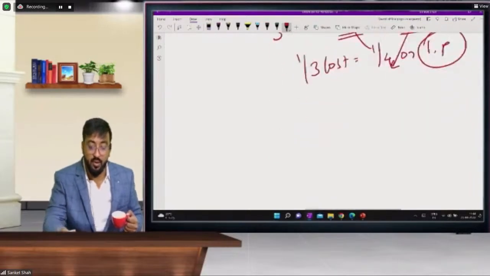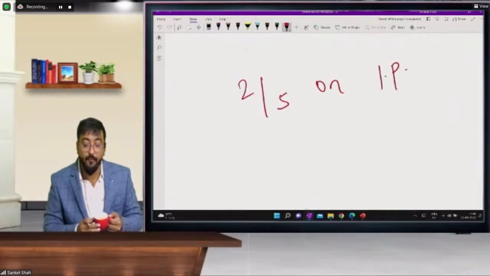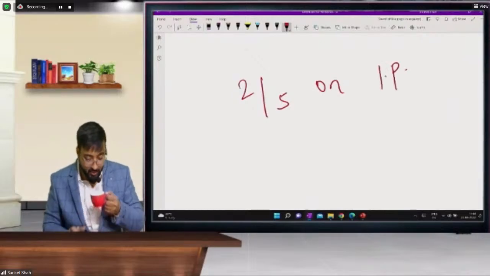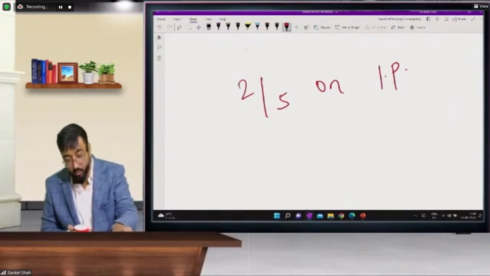I will give you one more. 2/5 on invoice price. Chalo. Find the equation. 2/5 on invoice price.